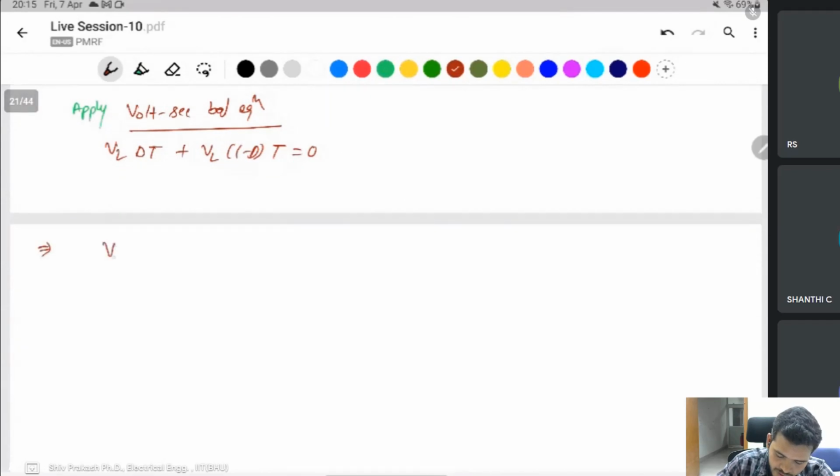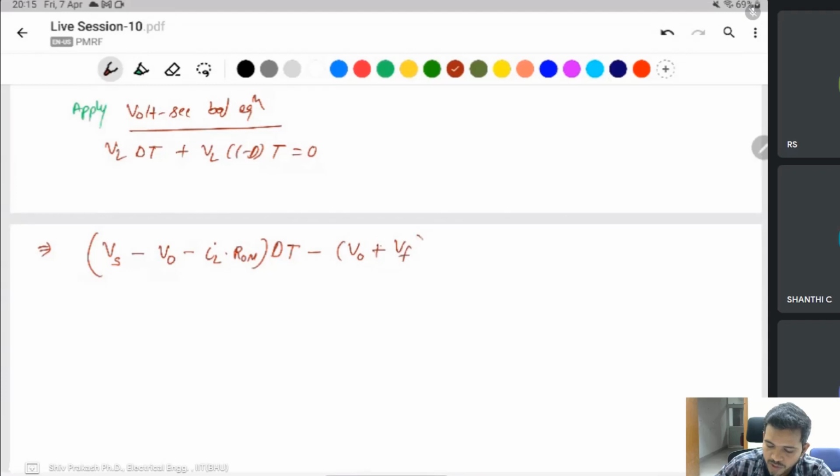On time is Vs, the supply voltage, minus output, minus the voltage drop across the switch due to the on resistance, into d T, minus V naught plus the forward voltage drop of the diode. Find the output voltage from this equation.